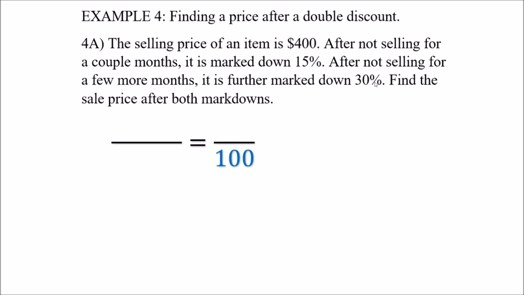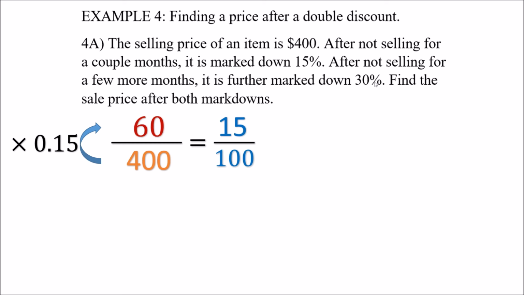So how we're going to start this problem doing method 1 is we're going to find 15% off of $400. So 15% of 400 is $60. That's how much you're going to save. So the new price is going to be 400 minus 60, which is $340.